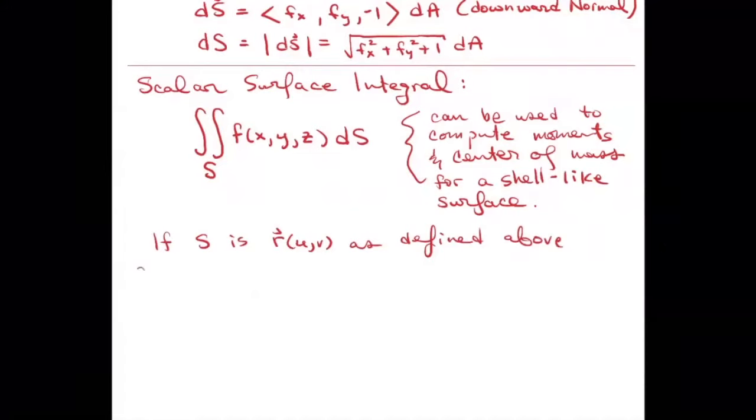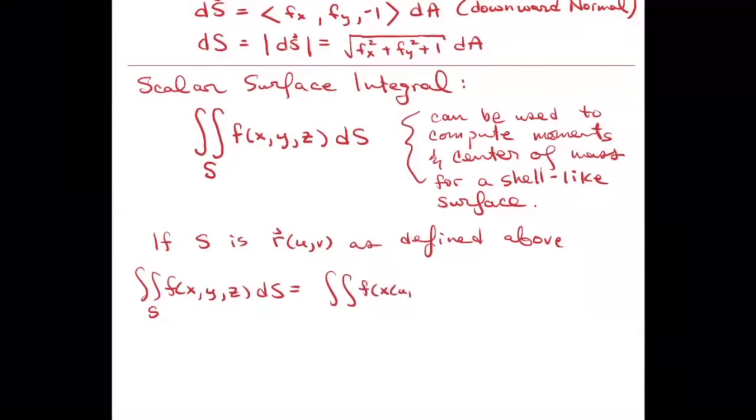So you would do double integral over S of f of x, y, z dS. So you do a double integral. This would be f of x of u, v, y of u, v, z of u, v, like that. And then you'd have to multiply by the magnitude of r_u cross r_v, like that. Let me get some space, and then I'm going to put a du dv outside of all that.